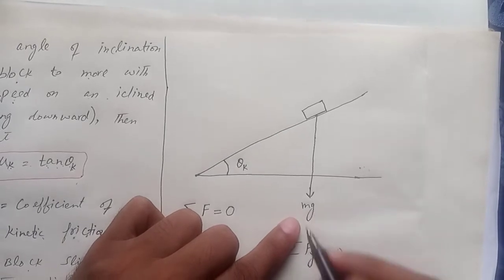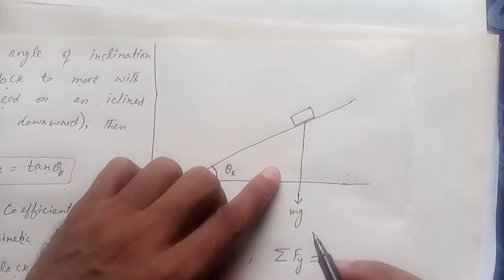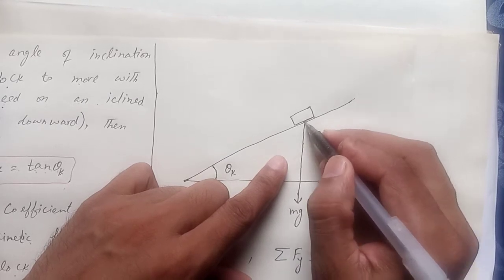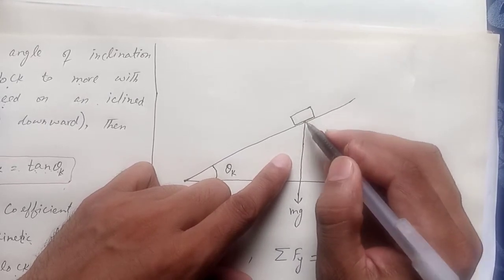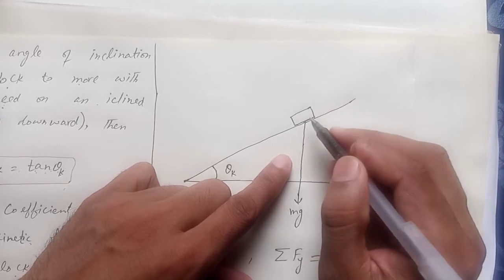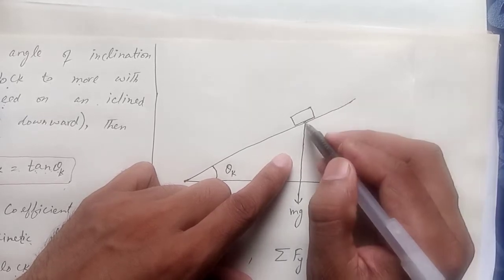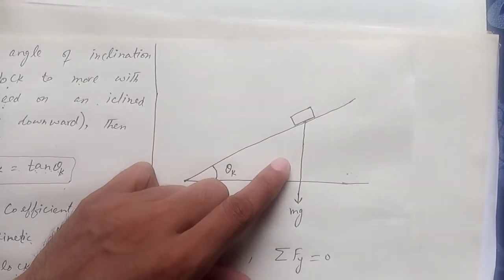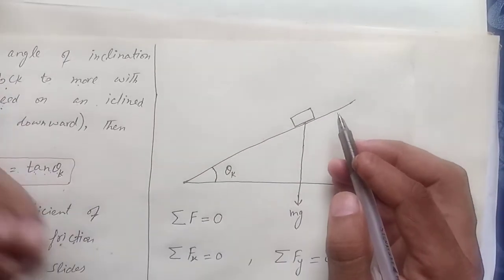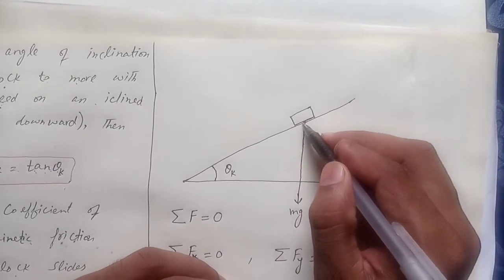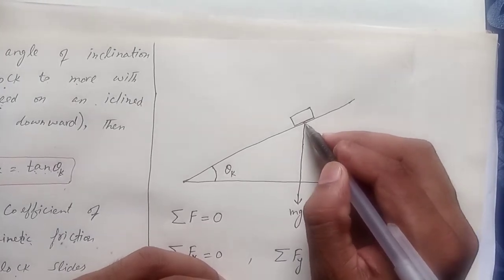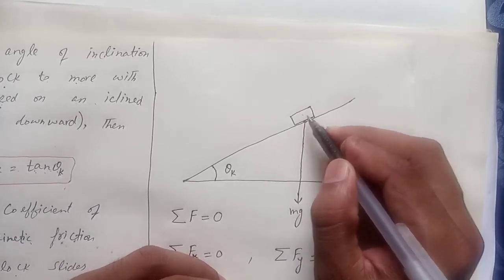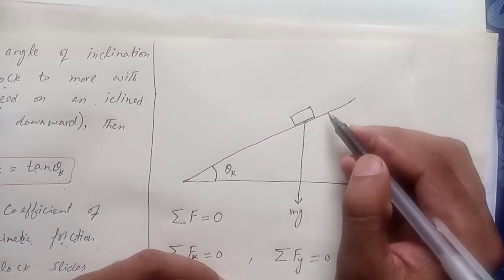This is one of the forces, and the other force is the force exerted by the surface of the inclined plane on the block, in a direction normal to the surface, away from the surface. In simple words, the inclined plane surface exerts a force on the block, and that force is called the normal force or reaction force.